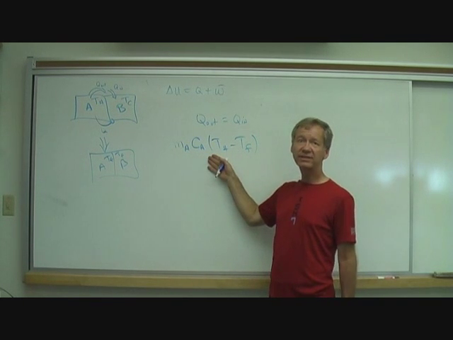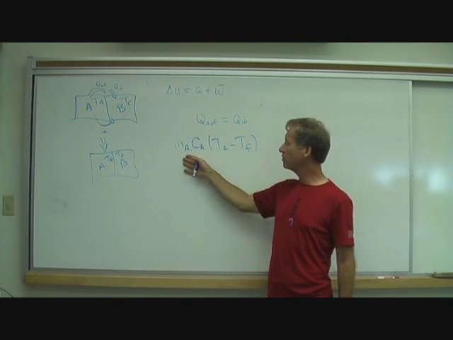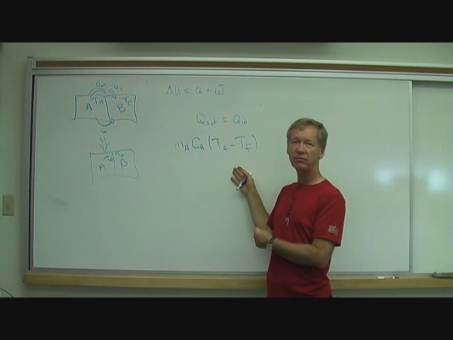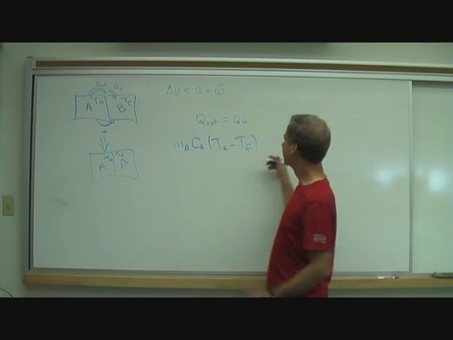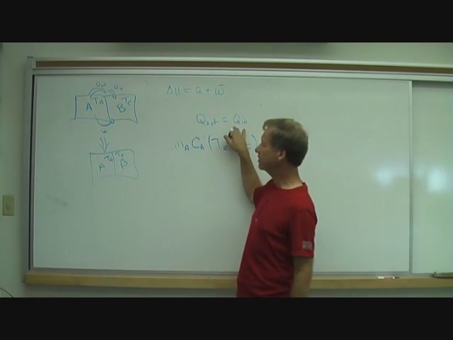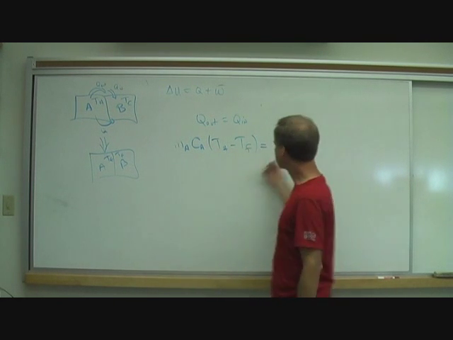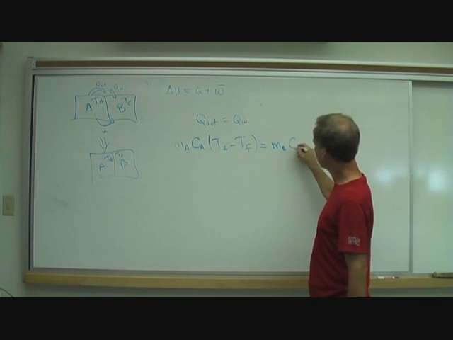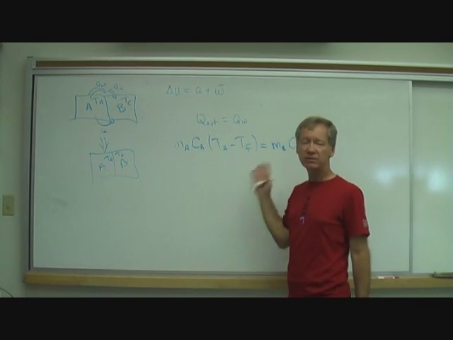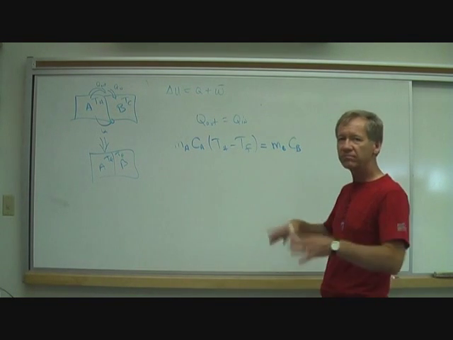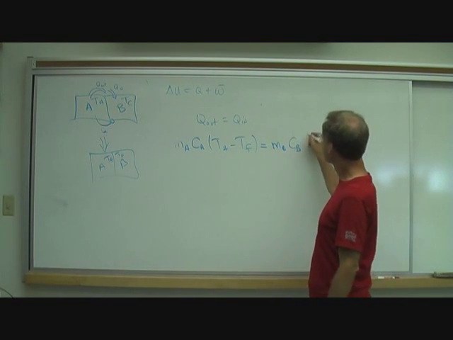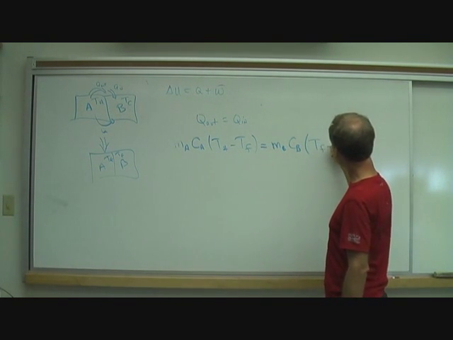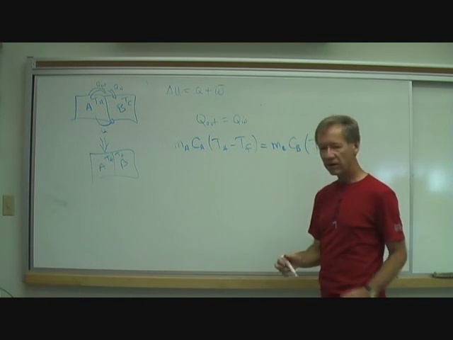That's delta T. So here we have the heat that flows out of the hot side, and that has to equal the heat that goes into the cold side. It could be a different mass, call it M sub B, and a different material, let's call it C sub B, the specific heat for material type B, times the temperature difference, which is T_final minus T sub C.